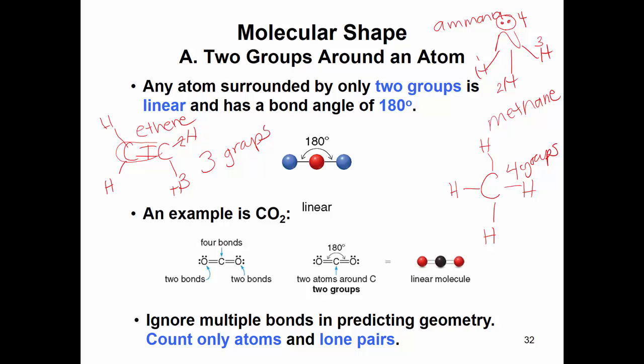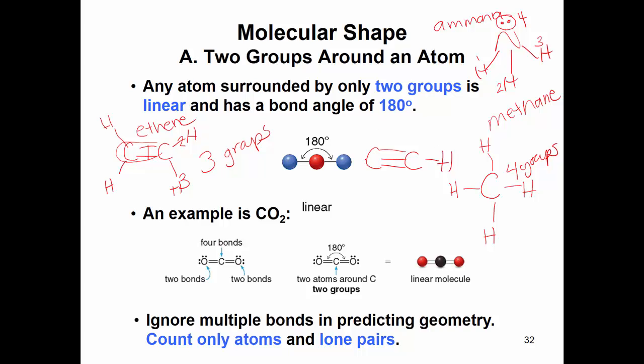That's kind of the biggest mistake that I see, not counting lone pairs as a group, and then trying to count multiple bonds as more than 1. It doesn't matter even if you have, say, a triple bond here.